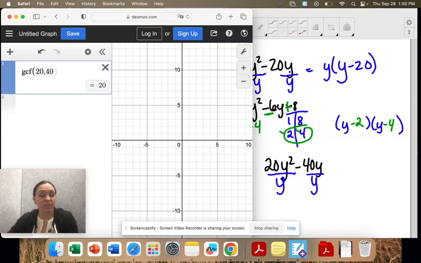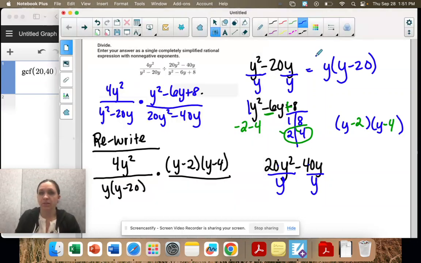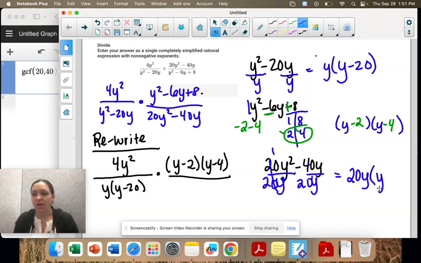They both divide by 20. Isn't Desmos awesome? So if we take out a 20y, we're left with 1, and then y minus 40 divided by 20 is 2. So this becomes 20y, y minus 2.